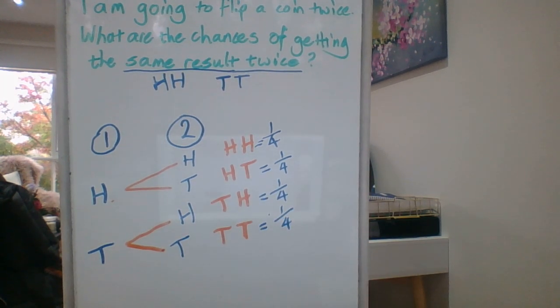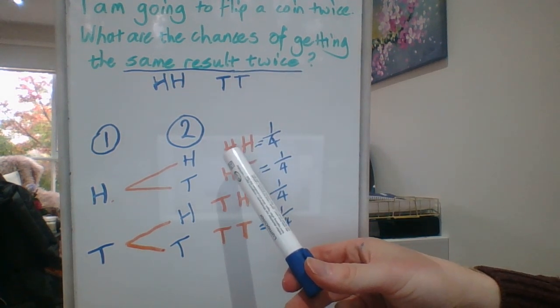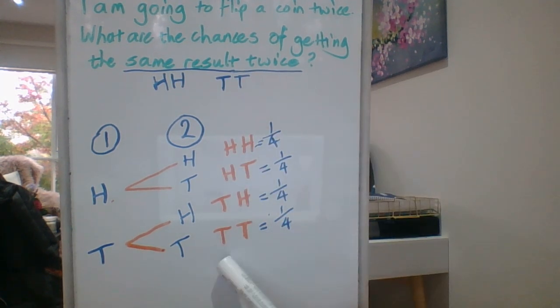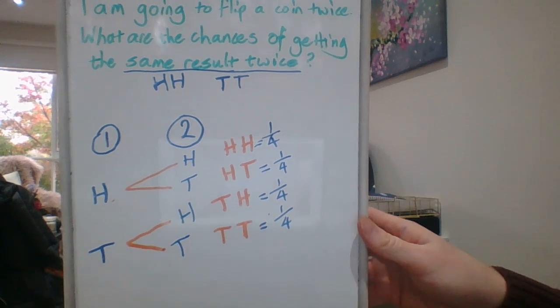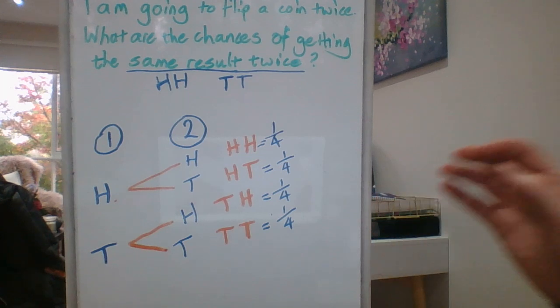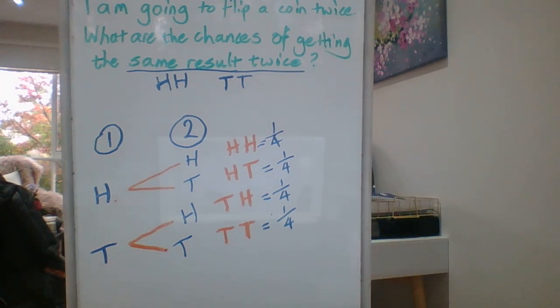Okay. So this question asked you, what are the chances of getting the same result twice? So what you need to think about now is, how many outcomes are there where we have the same result twice in a row? I can see one here where I have two tails here. So that would actually be 2 out of the 4 possible choices.